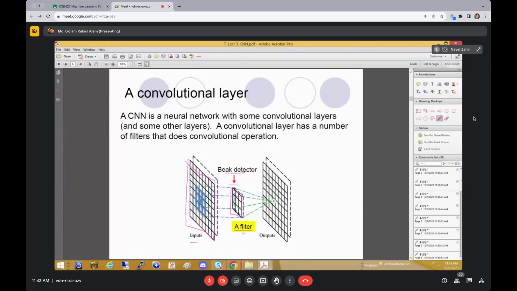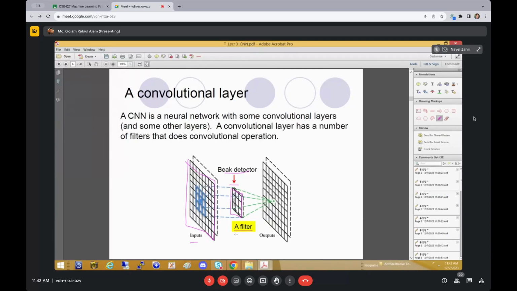That means this beak detector is a filter, and it will try to find the beak in these images. And again, as I already mentioned, sometimes the beak will be positioned at the left corner, sometimes at the middle, sometimes at the lower corner. That means different positions. That's why we need to search for the beak throughout these images.